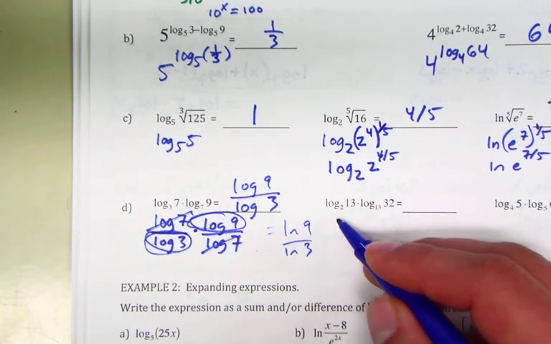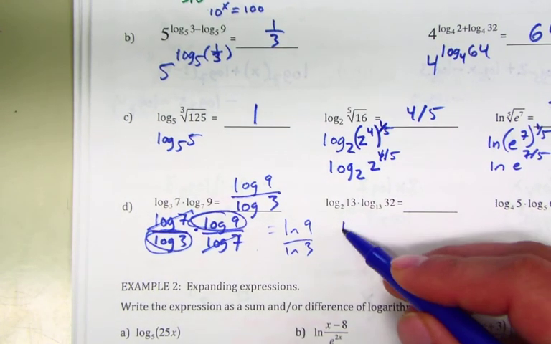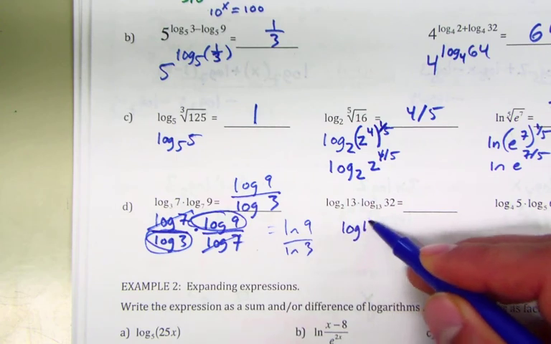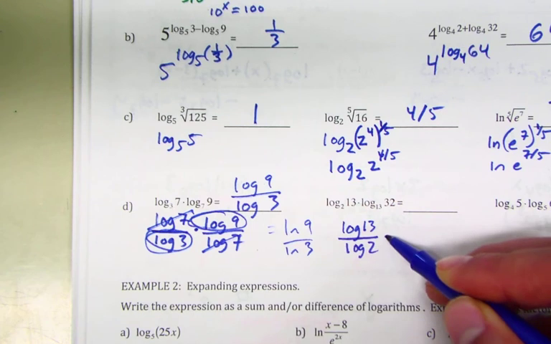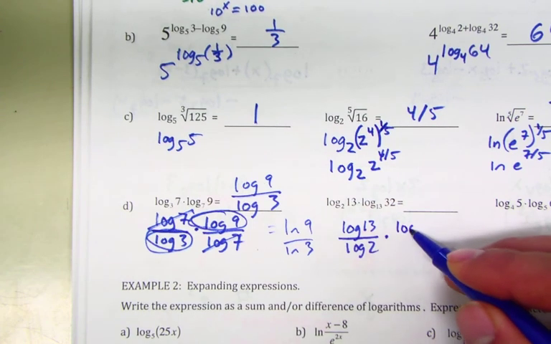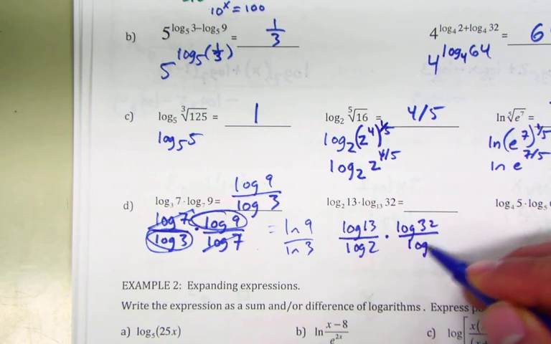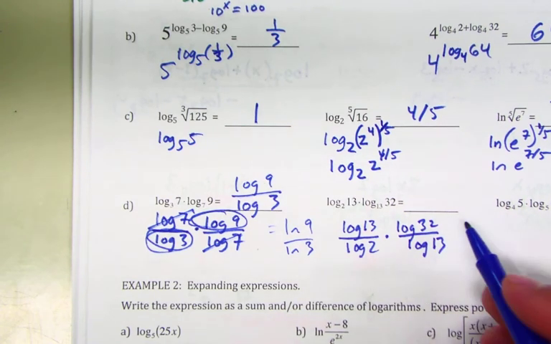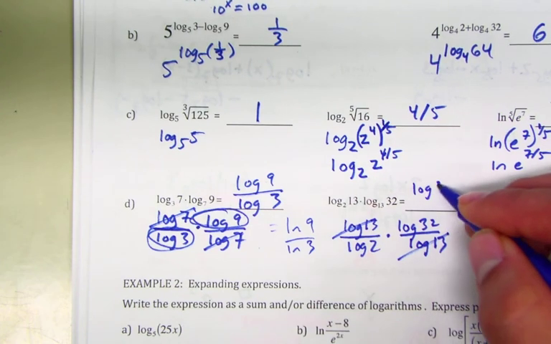This one, we can also do something similar, right? Log 13 over log 2 times log 32 over log 13. The log 13's cancel. So it's log 32 over log 2.